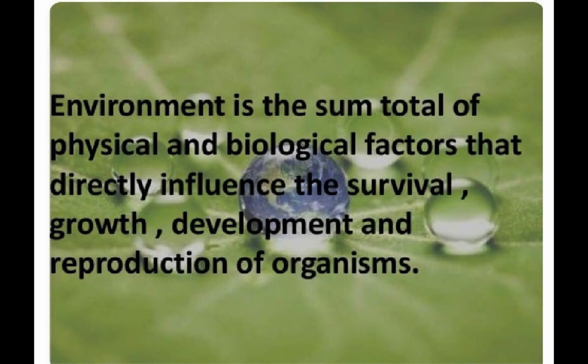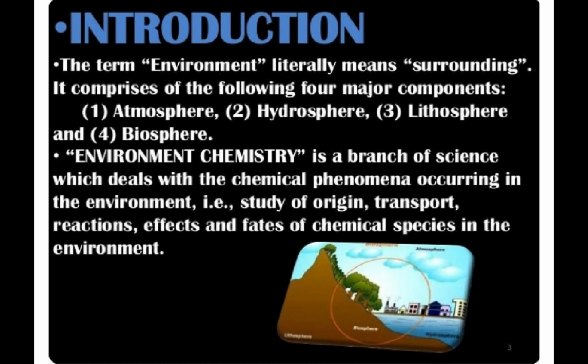Here we can say that environment is the sum total of physical and biological factors which directly influence the survival, growth, development and reproduction of organisms, to put it in simple words. Environment actually means the surroundings. Let us discuss some important aspects of environmental chemistry.